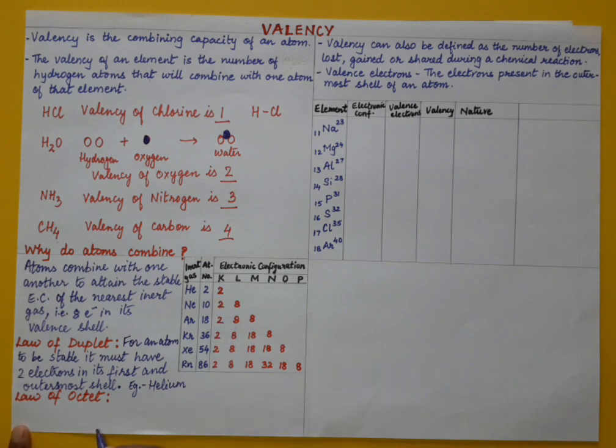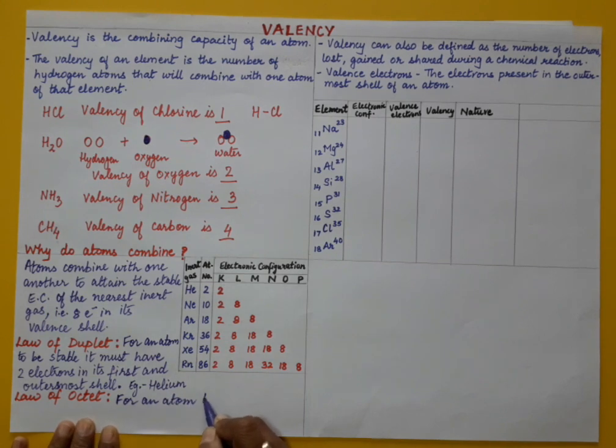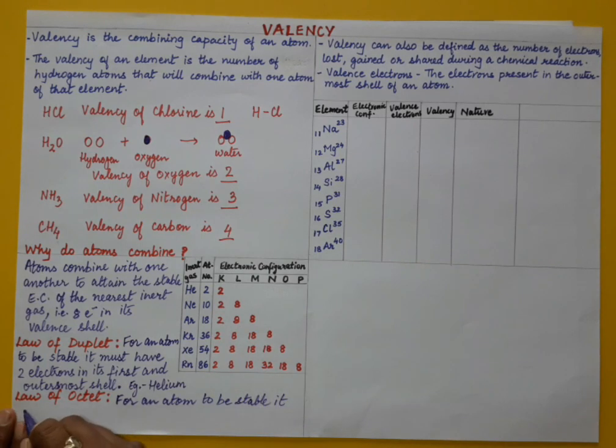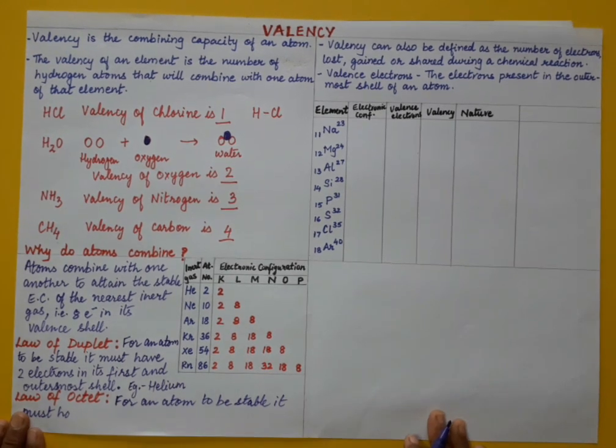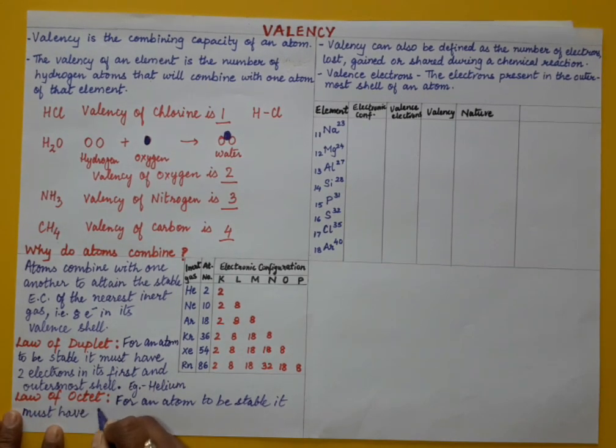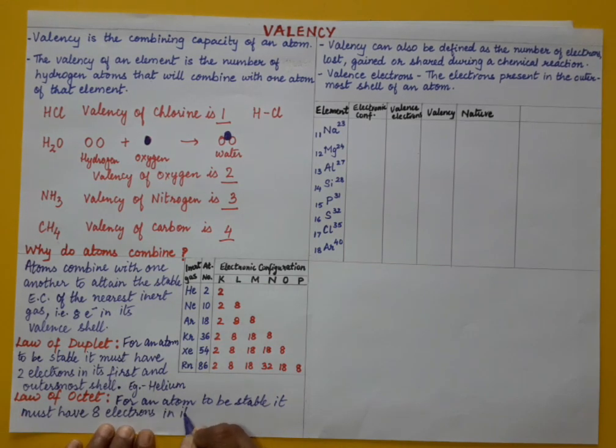Now what is the law of octet? The law of octet is that for an atom to be stable, it must have 8 electrons in its outermost shell.